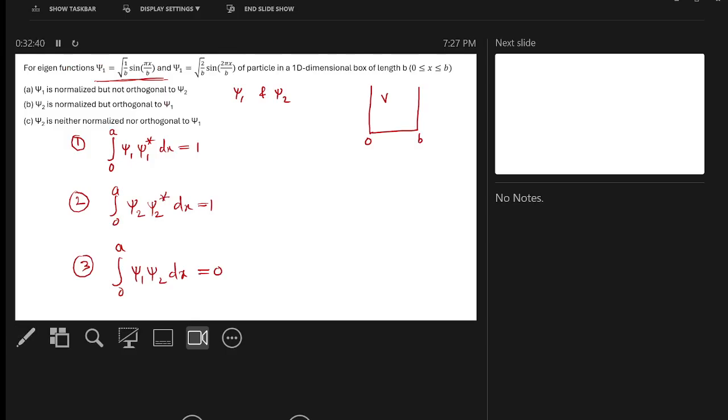So the first one is the integral from 0 to a of psi1 star psi1 dx. What is the value of psi1? It is 1 by root b times sine pi x by b.